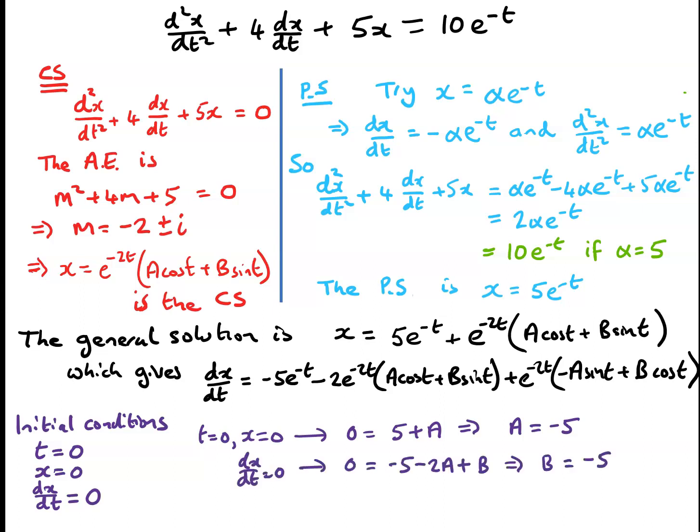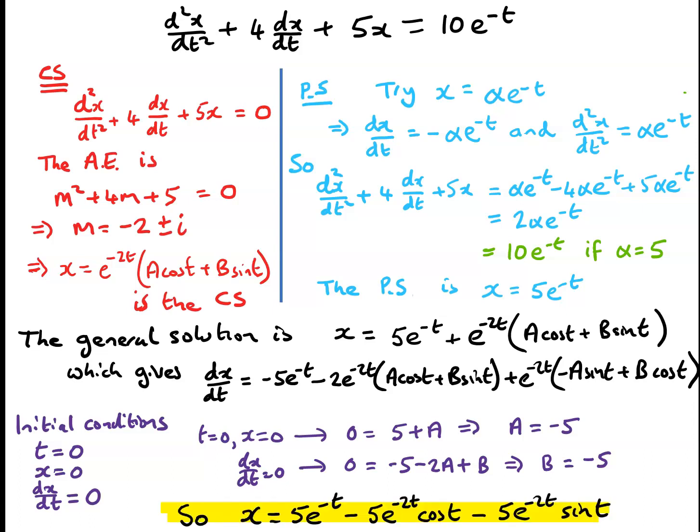And then dx/dt equals 0 is going to give me 0 is -5 take away 2a plus b. And that forces me into having b is -5. So we've now got our solution, which is x equals 5e^(-t) - 5e^(-2t) cos t - 5e^(-2t) sin t.